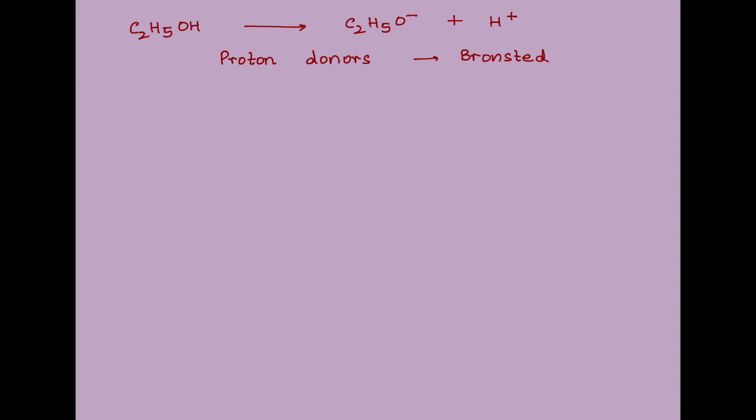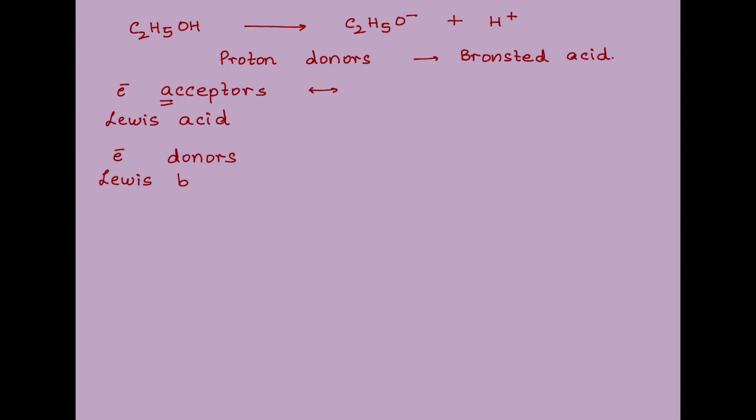Similarly, if you deal in terms of electron concept, then electron acceptors are Lewis acids and electron donors are Lewis bases. A for acceptor, A for acid. So acceptors are Lewis acids and electron donors are Lewis bases.